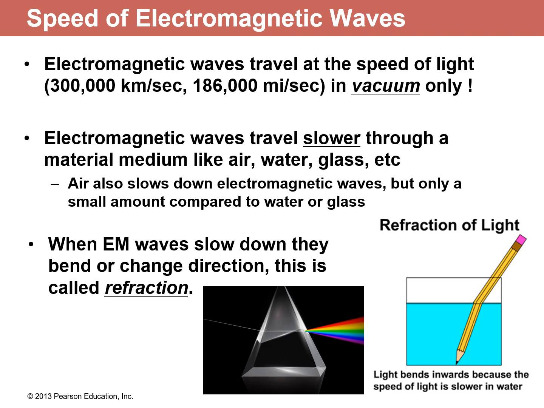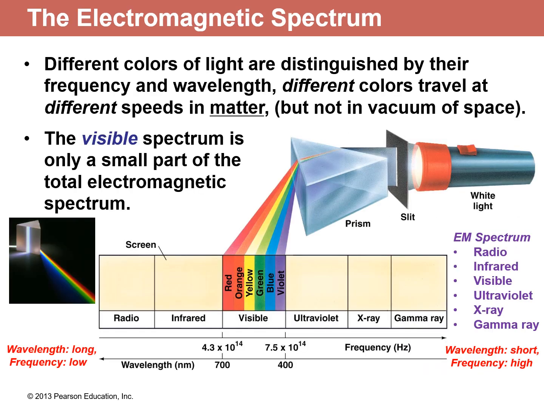Now, does everything give off the same kind of wave? Well, every possible electromagnetic wave is represented by what we call the electromagnetic spectrum. And we can break up all the types of electromagnetic waves into these 6 categories.